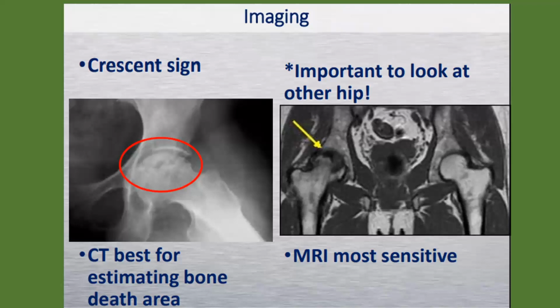This portion cannot remodel. It's weaker on forces being applied over there. It cannot react to changes of forces, fracture and collapse. And this is the third stage in the ARCO classification and in the Steinberg classification where you need to do a total hip.